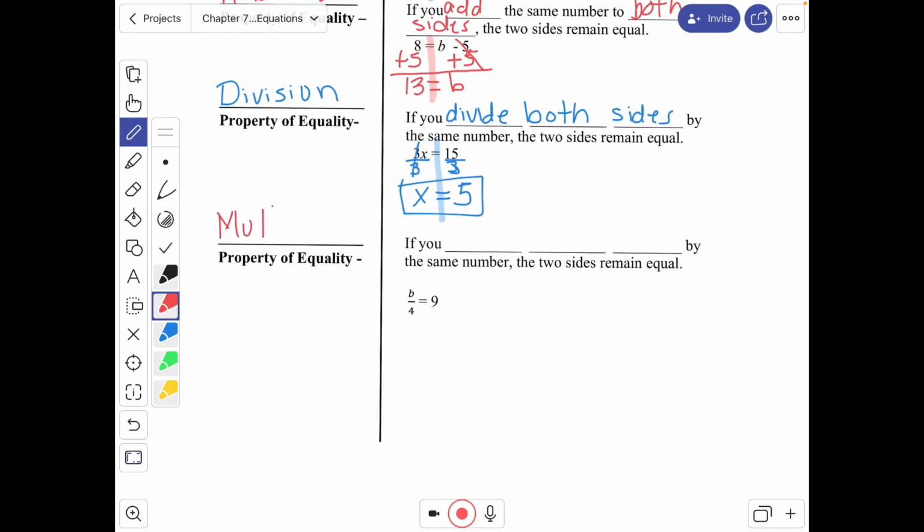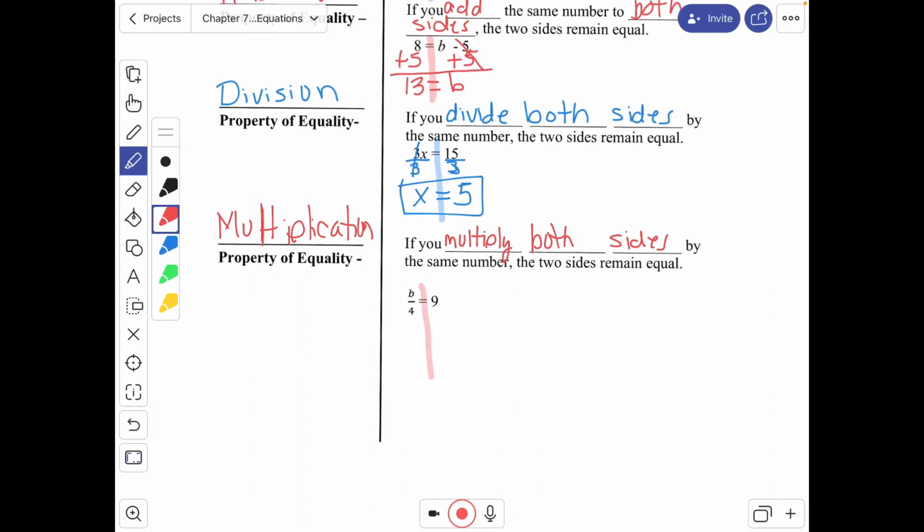Last, we have the multiplication property. Multiplication property of equality, which states if you multiply both sides by the same number, the two sides remain equal.